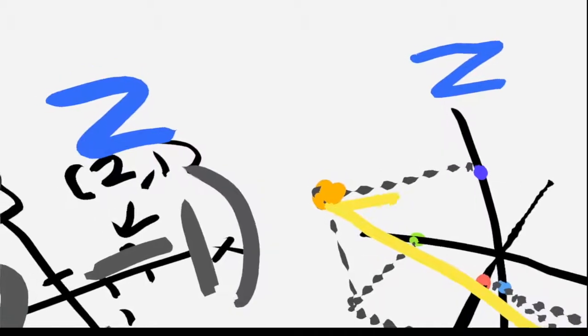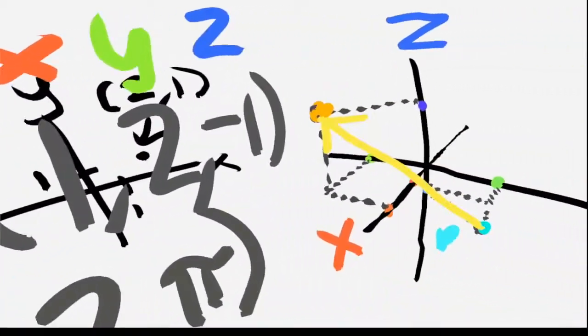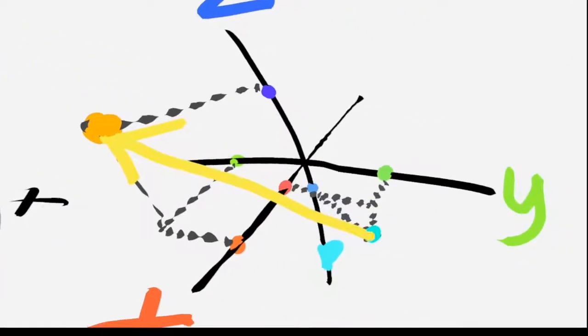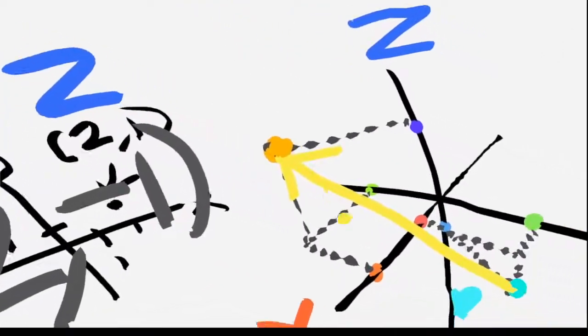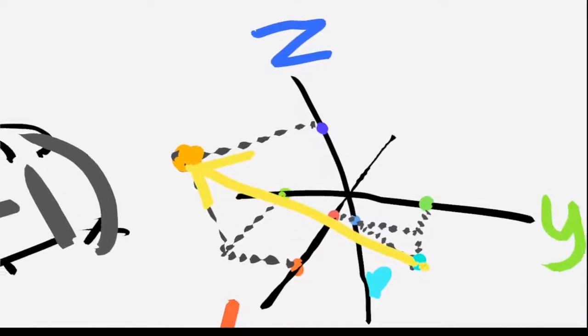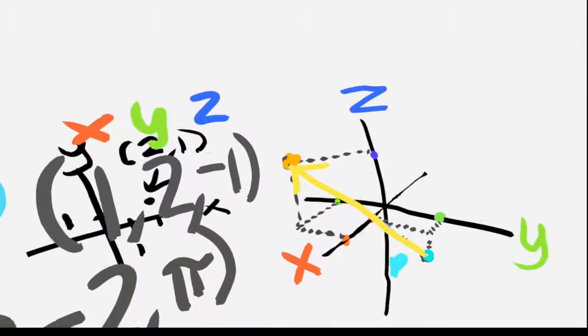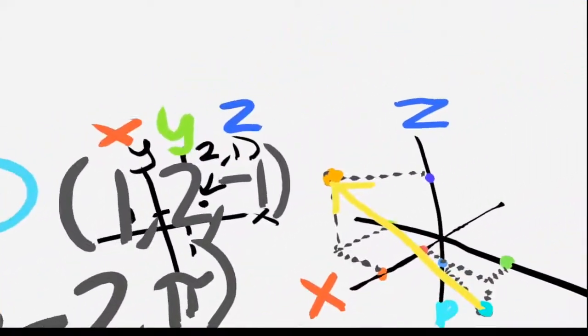That's going to be your vector PQ. And let's say we want to find a length from P to Q. The length of this vector is going to be found using the distance formula.